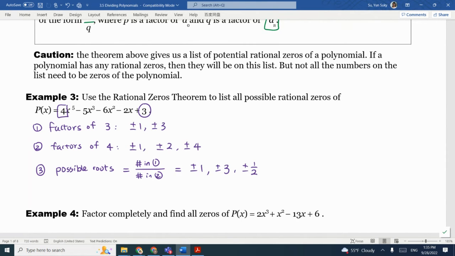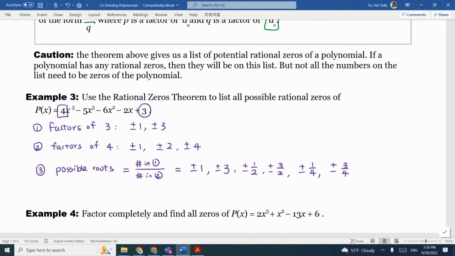Plus or minus 3 over plus or minus 2 is plus or minus 3/2. Lastly, plus or minus 1 over plus or minus 4 is plus or minus 1/4, and plus or minus 3 over plus or minus 4 is plus or minus 3/4. So those are all the possible rational roots.